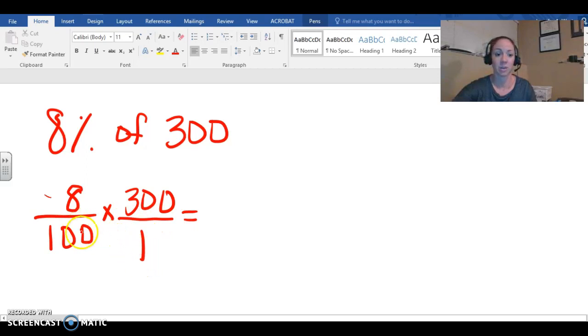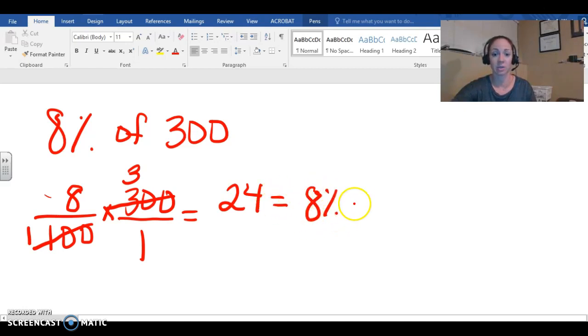Let's find out. Well, how many times 100 can go into itself once? 100 can go into 300 3 times. So 8 times 3 equals 24. And 24 is 8% of 300. Not too tricky yet, is it?